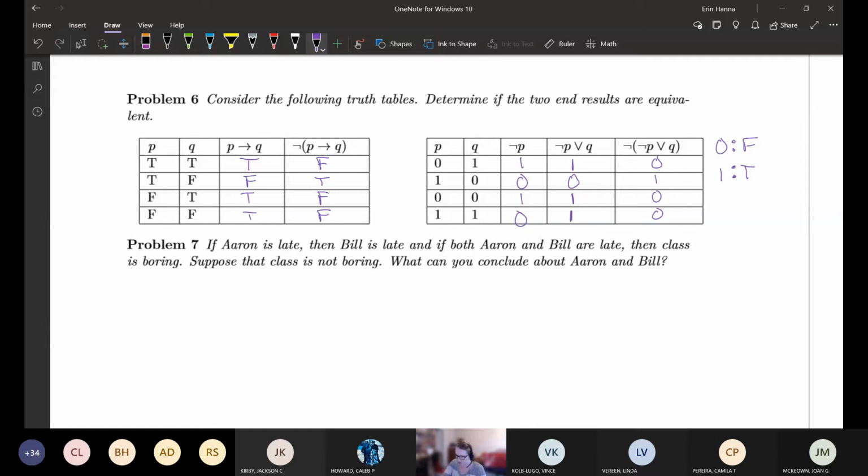So if we wanted to figure out whether these two things were logically equivalent, we need to look at this column compared to this column. And let's change one of them over to the other form just to really hit it home. So that 0 is representing a false, 1 representing a true, and then false, false. The first truth table is false, true, false, false.